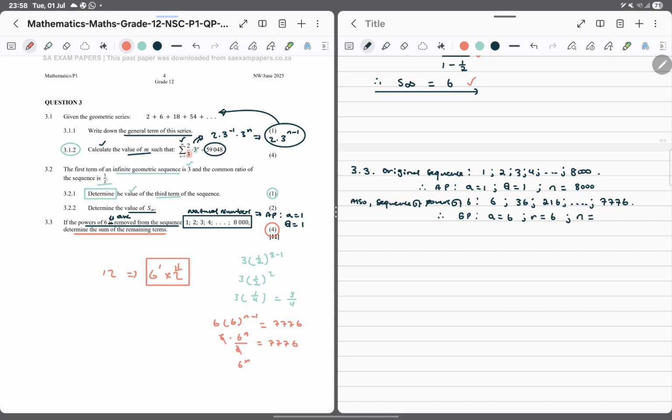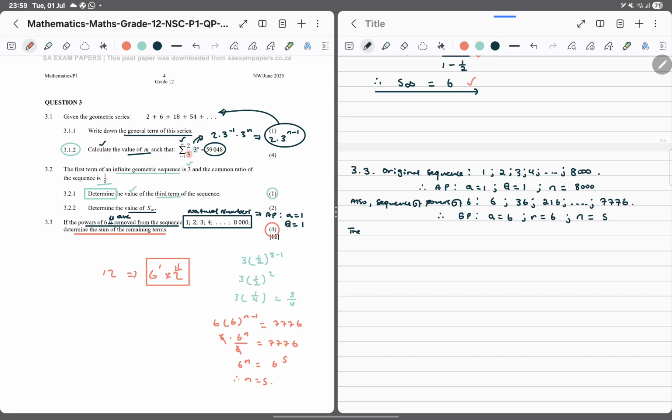That goes 6 to the n equals, we know that this is 6 to the 5. So therefore n is 5. Okay, so we can put a 5 there. Sometimes when the question is just complex, guys, you just do a side calculation on the rough work and then put it down. Then they can find out for themselves how it was done.